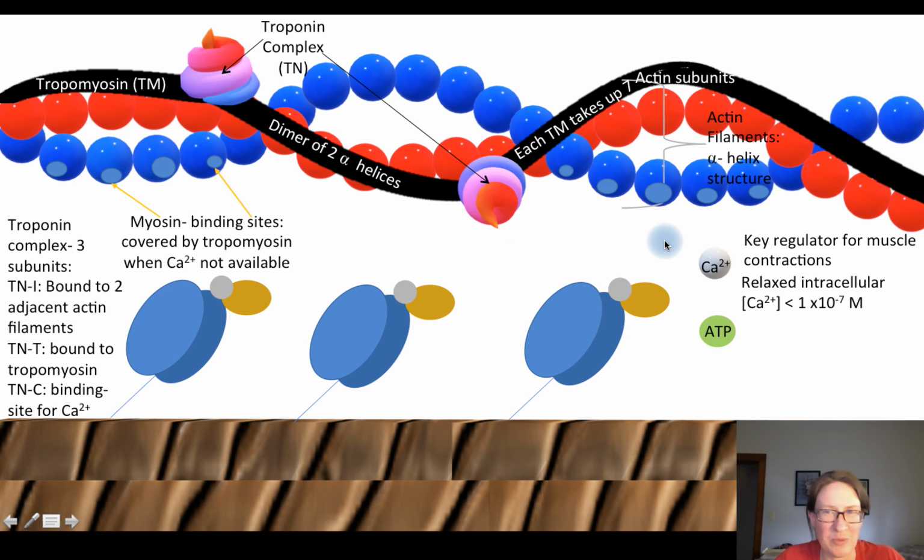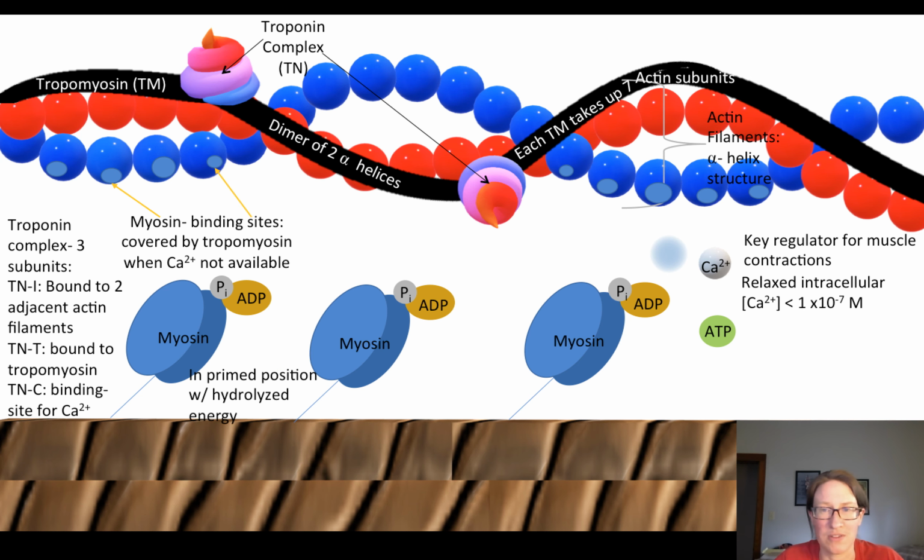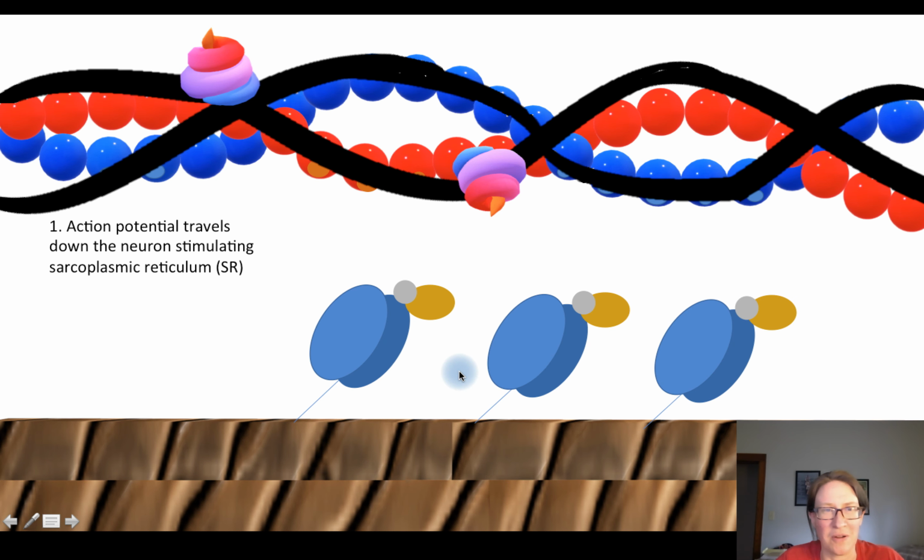Here's our friend calcium, which is the key regulatory ion for muscle contractions, and when muscle is relaxed, the intracellular concentrations of calcium will be very, very low, 1 × 10⁻⁷ moles. And then last but not least, here's myosin in the primed position, so it has hydrolyzed ATP, so ADP plus phosphate groups, ready to go.